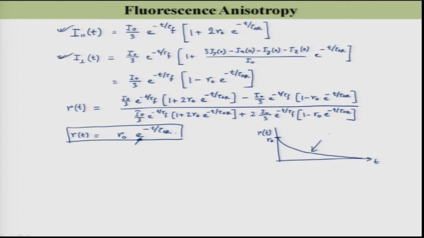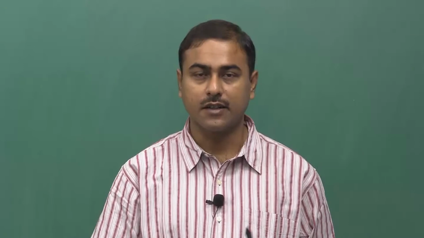So, you fit it with e to the power minus t by tau r, and you will get this orientational relaxation time. Now, if you are interested in this anisotropy, that is, how easily the molecules actually reorient, then you can do this kind of prescription and get this tau r value.